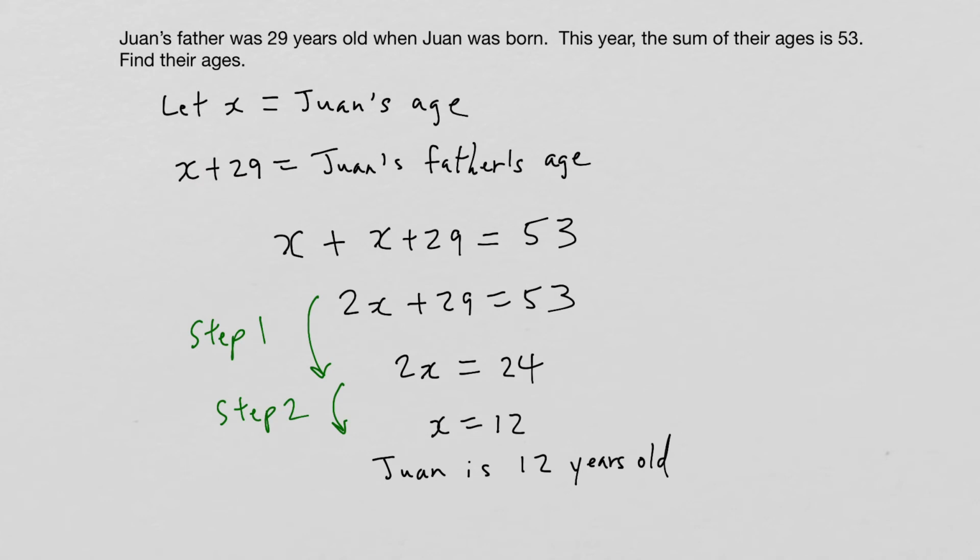Okay, so Juan's father is, and 12 plus 29 is 41, 41 years old. Okay, so this becomes our answer.